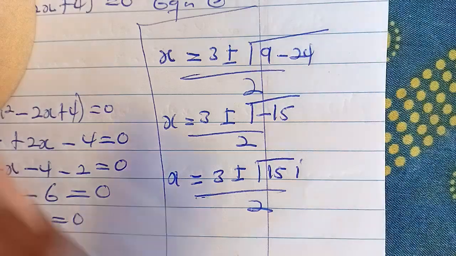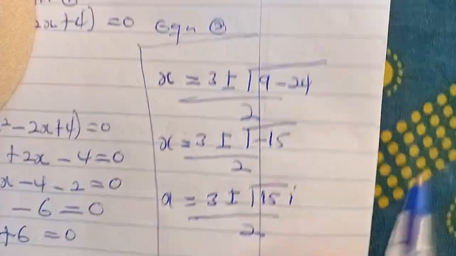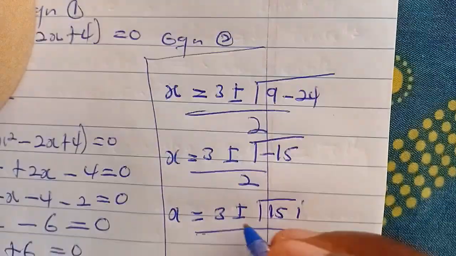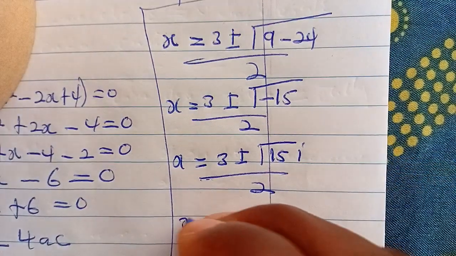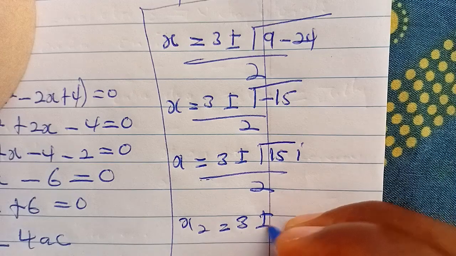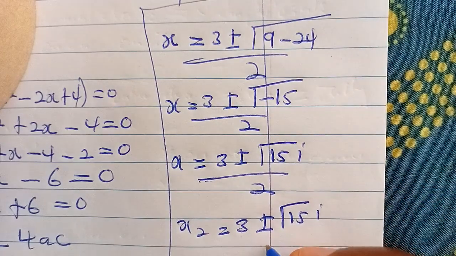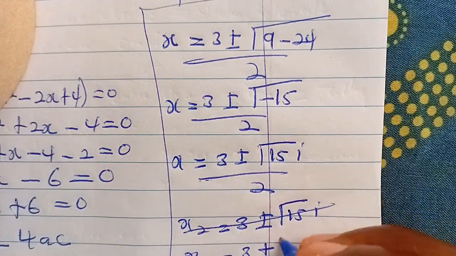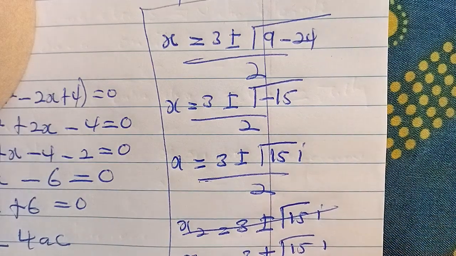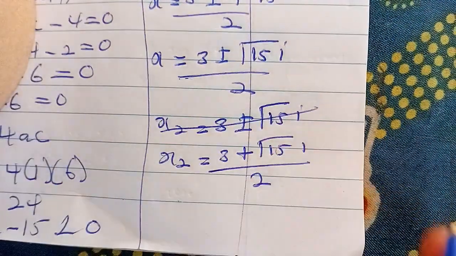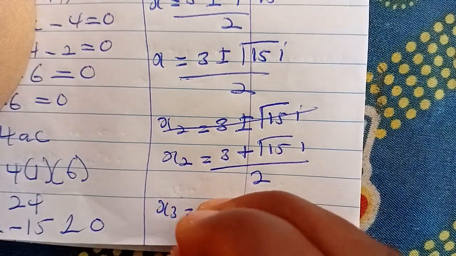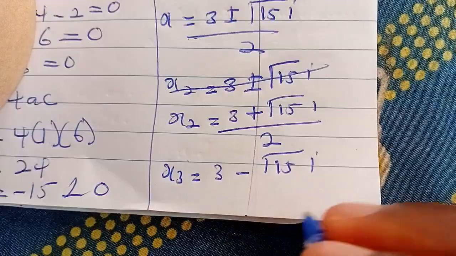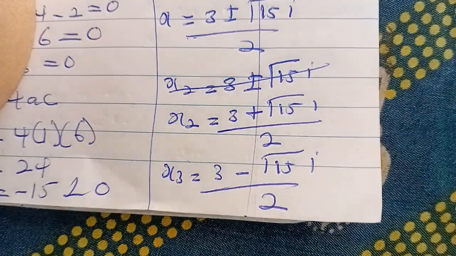Since we have already called the first value of x as x1, we can break this down further and have x2 being 3 plus root 15i all over 2, and then x3 as 3 minus root 15i all over 2. Did you get me?